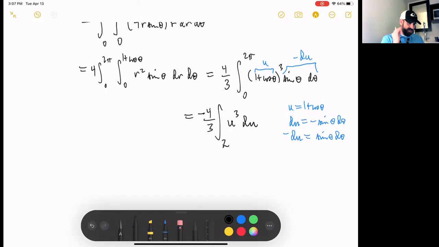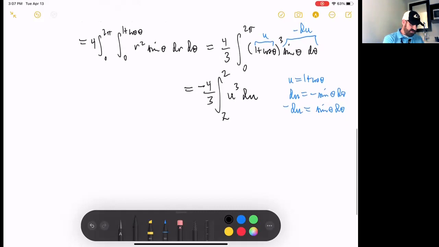And if I plug in theta equal to 2 pi, cosine of 2 pi is 1, the same value as before, so u is 2 again. So it's the integral from 2 to 2. And don't you see what the value of this ends up being? Well, 0. Just to emphasize that, we circle it with red.